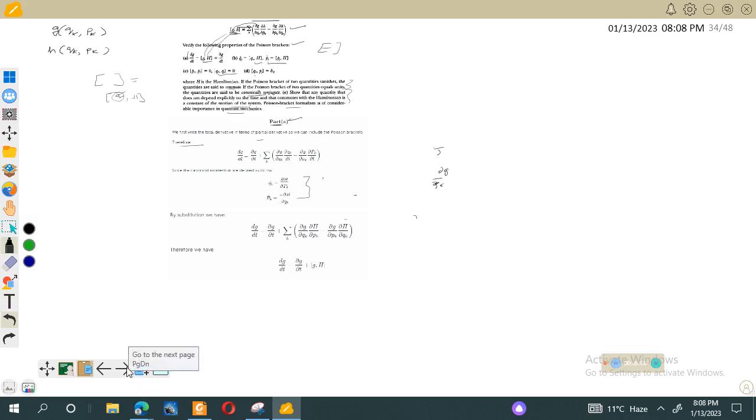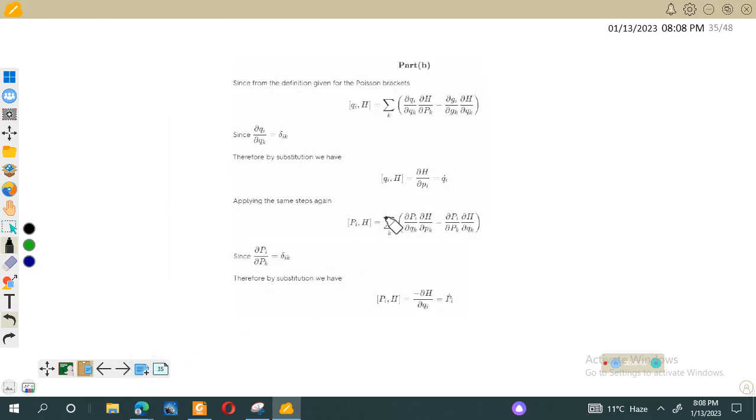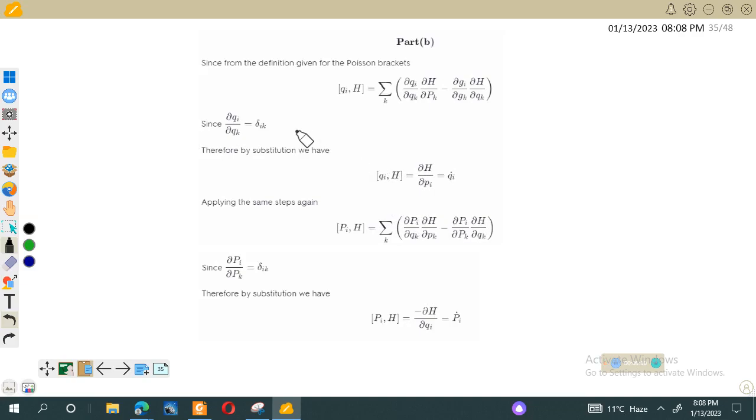So let's use some facts. From the definition given for the Poisson bracket in the question, qi and H is equal to the sum over k of partial qi over partial qk, partial H over partial pk, minus partial qi over partial pk, partial H over partial qk.